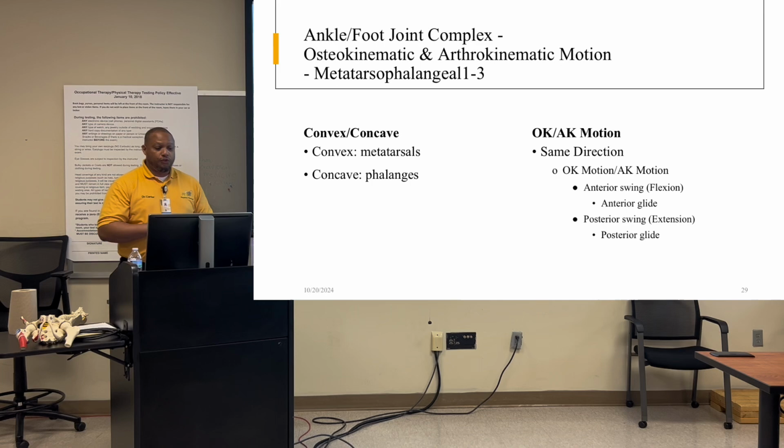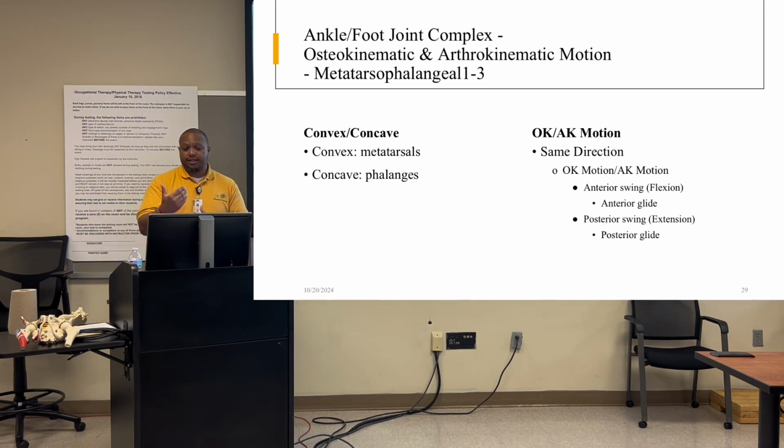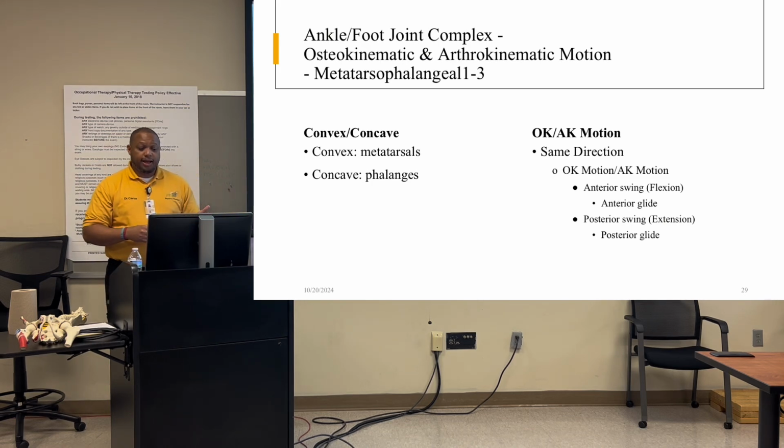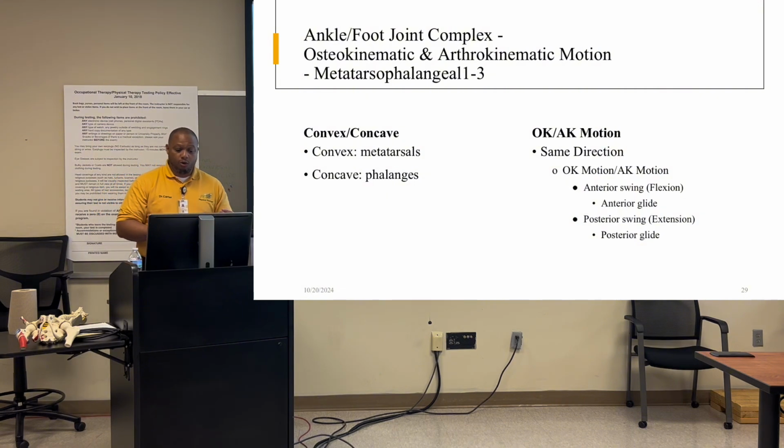All right, metatarsophalangeal joints. The metatarsals articulate with the phalanx. We talked about the head of the metatarsals articulating with the base of the phalanx, right? So we have, again, concave moving on convex, so the osteokinematic motion is going to be in the same direction.